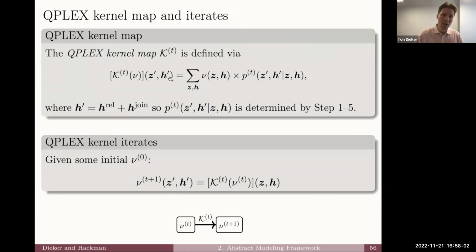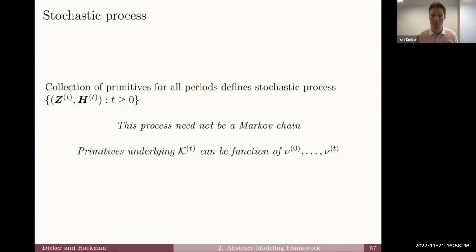So that allows us to define a map K on PMFs on Z and H. This picture here is going to be repeated a number of times, and it shows you that you can construct new t+1 from new t through the map K, as defined here. And these news are called the QPLEX kernel iterates. You want to hold on to these. Of all the notation so far, that's important.